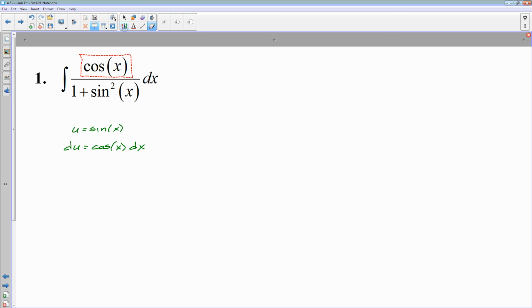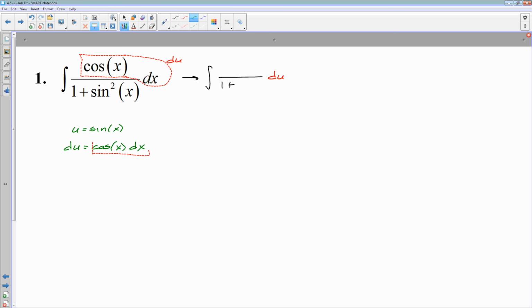I do see my du in the numerator, cosine x, and the dx is actually part of the du, so I'll extend this to include the dx. All of that is my du. And then when I do my substitution, I take out the sine x and put a u in its place. So this is going to turn into the antiderivative of, and I'm going to take out the cosine x dx, and there's my du.